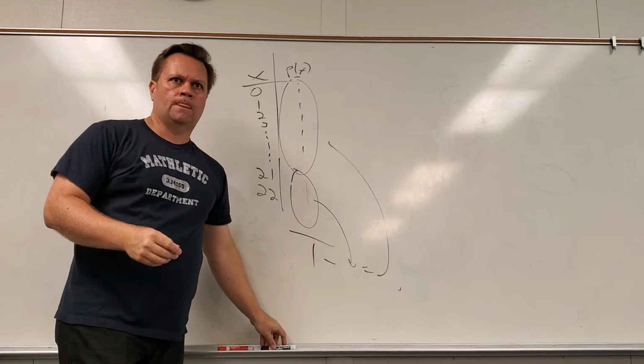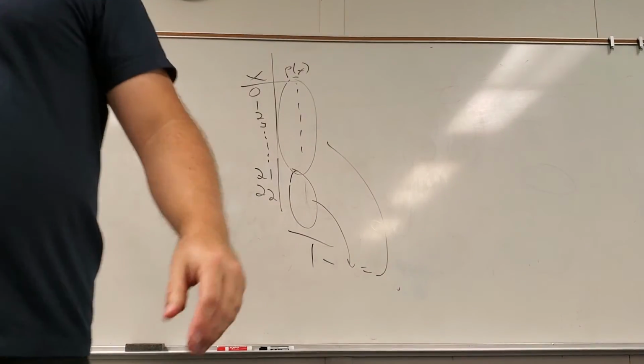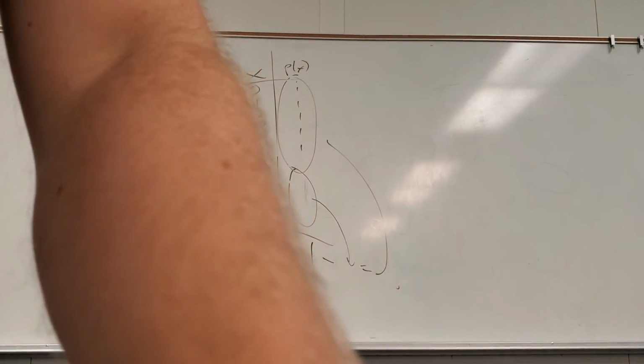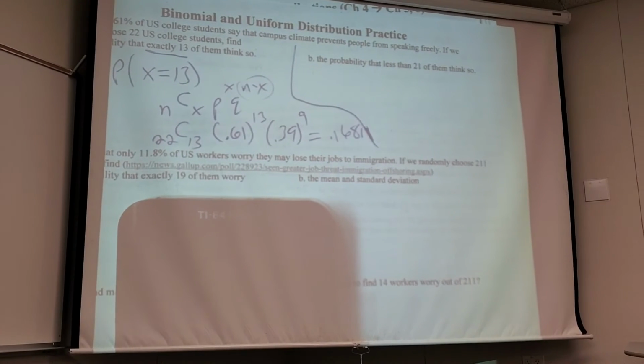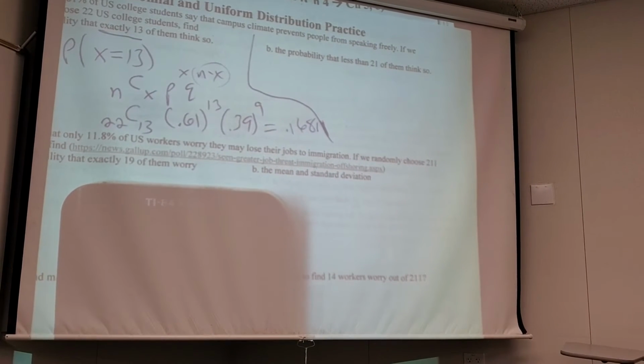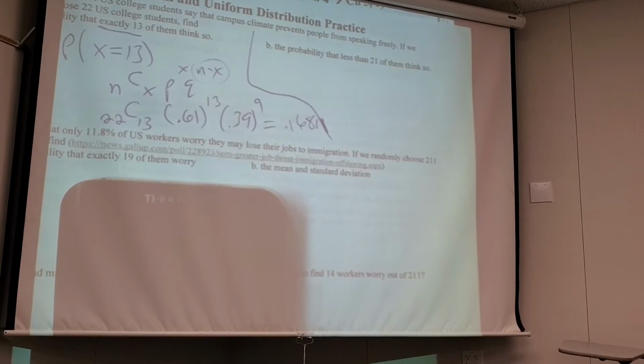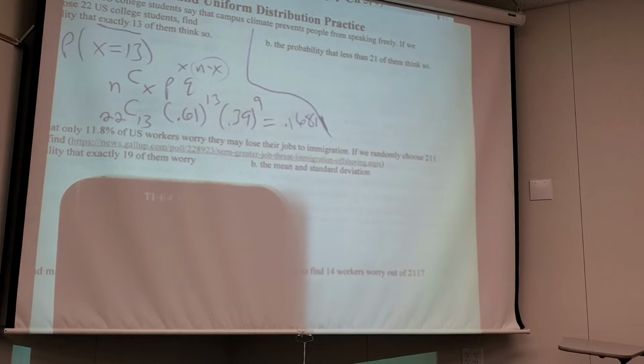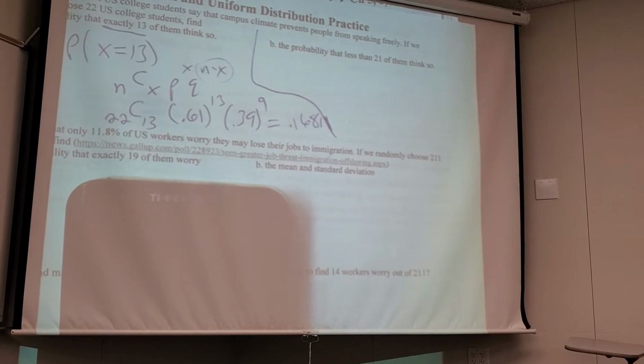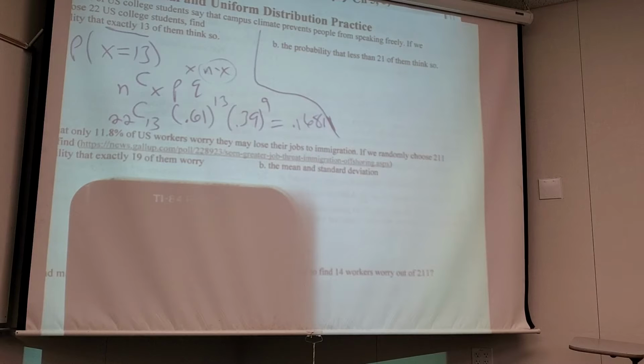So it is 1 minus 21 and 22. You add those two together and then subtract it from 1. The first thing you do is answer the question, probability at least 21, and then you do 1 minus what you found, because that's the opposite situation. That's so beautiful. I love that, to have an option.